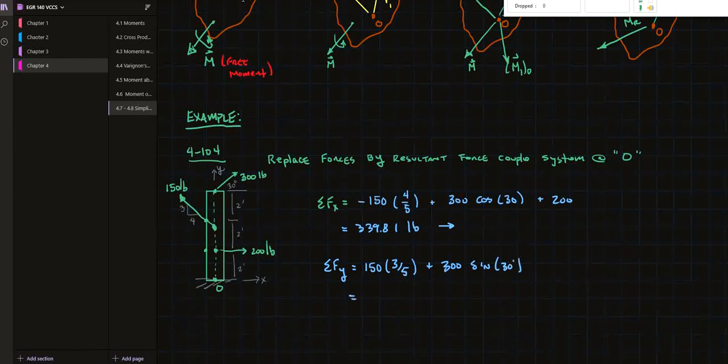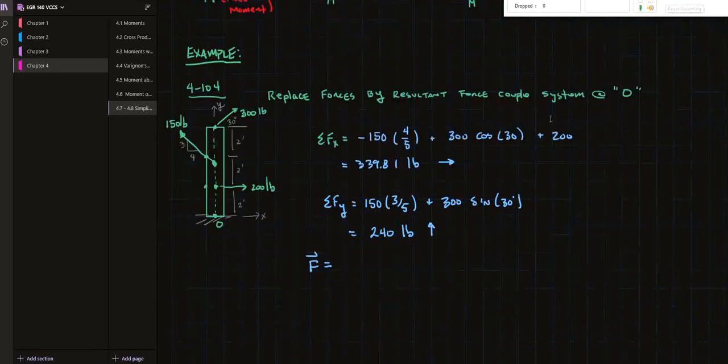And this is going to equal 240 pounds, heading up in this direction. So our resultant equals, let's just do 340 pounds I plus 240 pounds J.